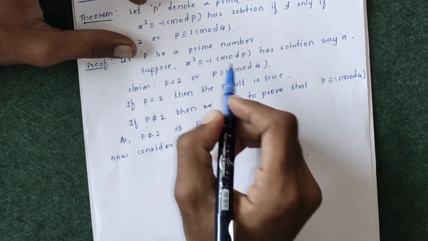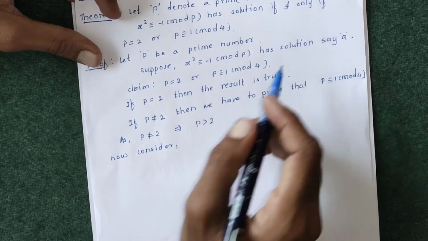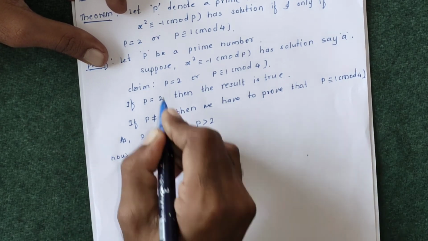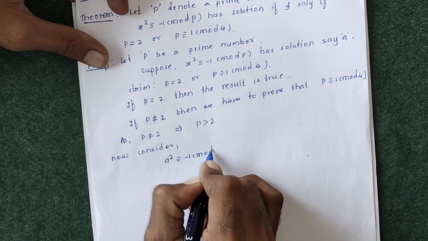Now consider x square is congruent to minus 1 mod p has a solution, that is, the solution is a. Now consider a square is congruent to minus 1 mod p.